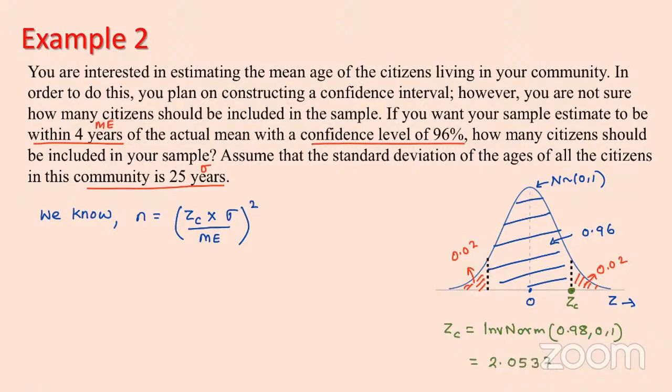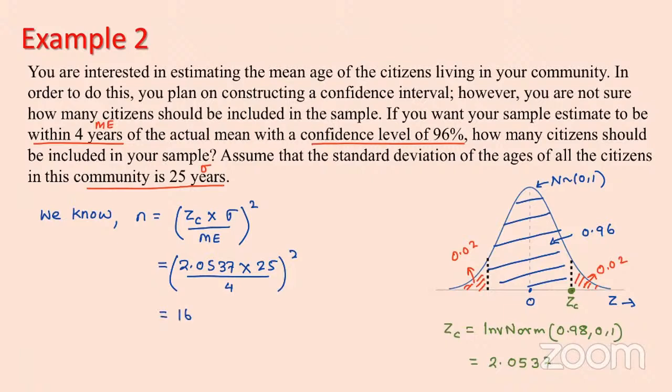So we didn't have that Z critical, but we got it now. Now we can plug into the formula for n and get that sample size. So n equals Z critical 2.0537 multiplied by standard deviation 25, over margin of error 4, and we have to square all this.